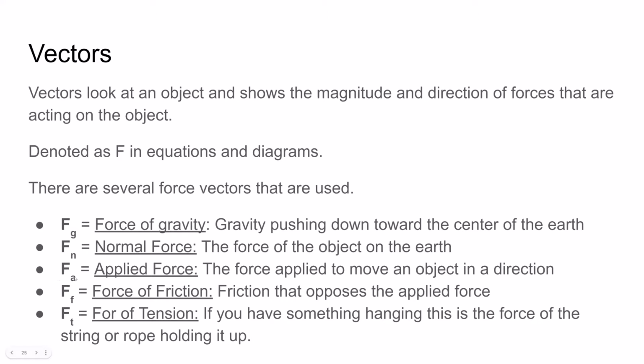We have Fa, which is the applied force. A is applied. This is the force applied to move an object in a certain direction. Ff is the force of friction. We all know what friction is, and it's the force that opposes our applied forces.